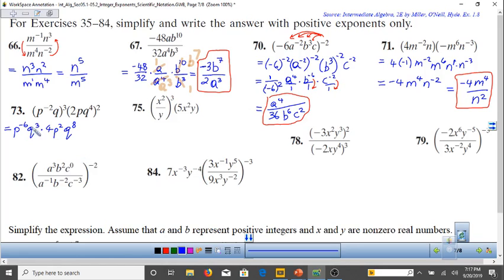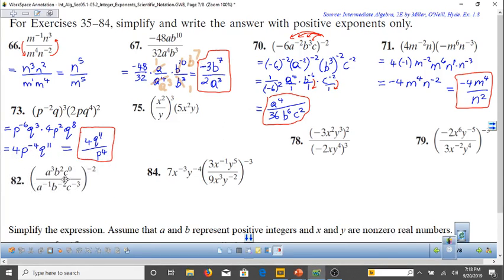Then 4 will be the leading term, coefficient here. P to the -6 times p squared is p to the -4, and q cubed times q to the 8 is q to the 11. So that will give me 4q to the 11 over p to the 4, because the negative exponent puts the p in the denominator, and they do not want negative exponents in the answers.